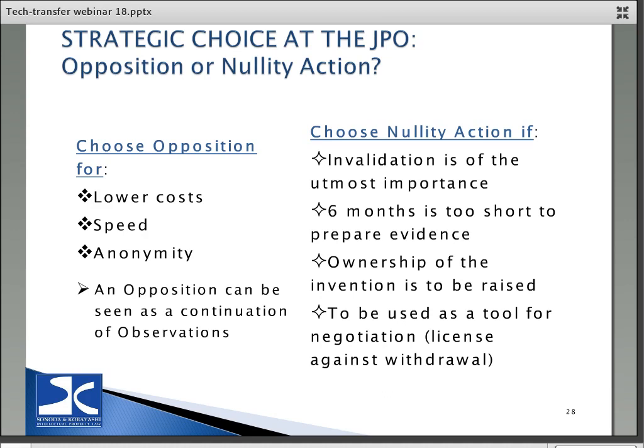And the anonymity is important. When one of these three is very important, it would be a good choice to file an opposition.